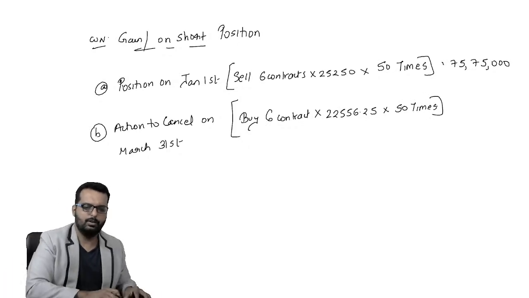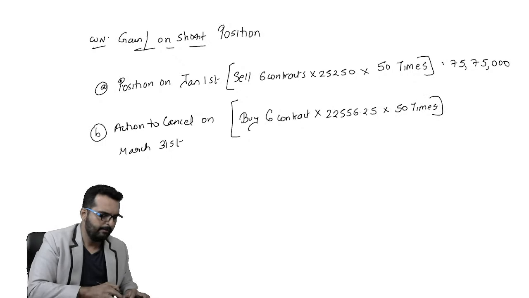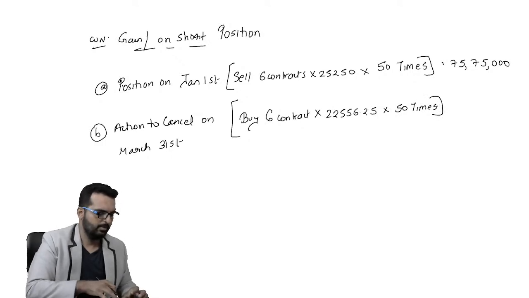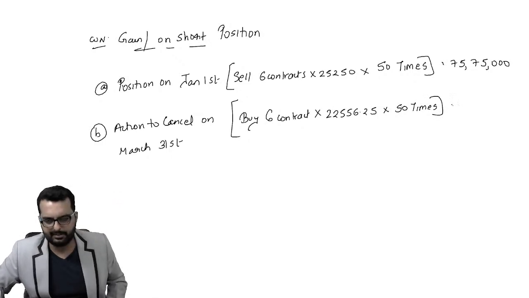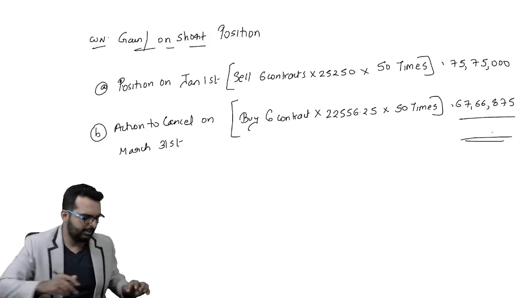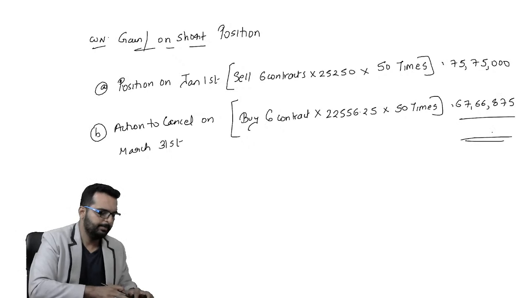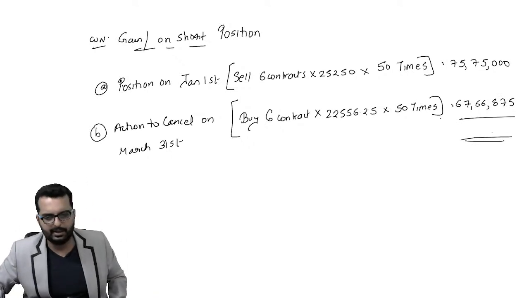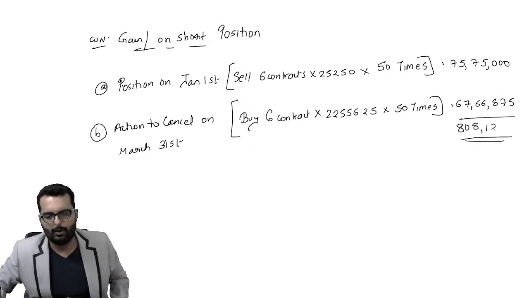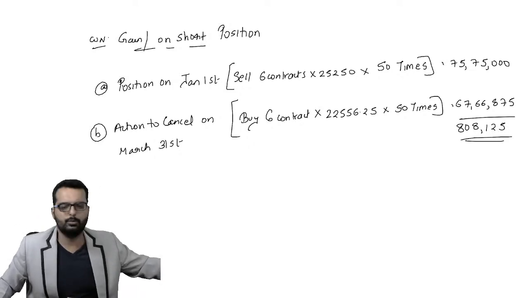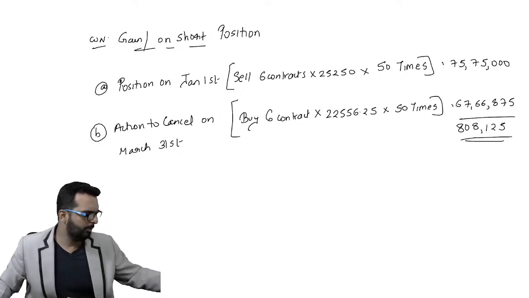So let's check out what is the value you get over here. 67,66,875. So now tell me, what is the gain that you make over here? You make a gain of 8,08,125 and you're done with this question. Can you write down this in your books and finish it off?